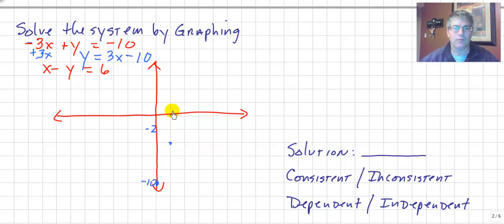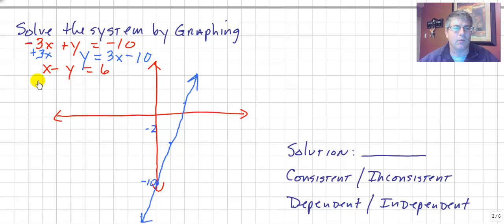Now I have a general idea here of where my line is. There's an advantage of having a straight edge and being real careful about your graphing and using graph paper with the graphing method.